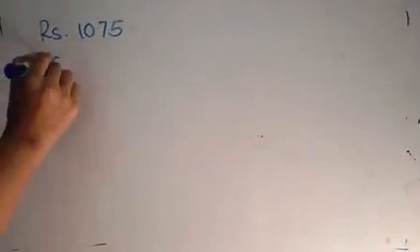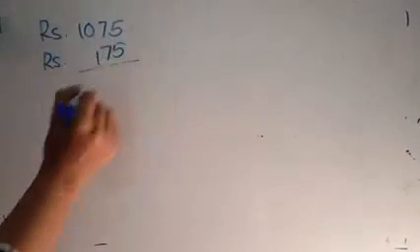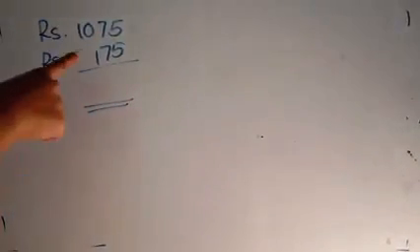The question says, a sailor bought a pair of trousers and a cap. What is the amount that he paid? The price of the pair of trousers is 1075, and the price of the cap is rupees 175. When we are adding these two, this one is closer to this one.